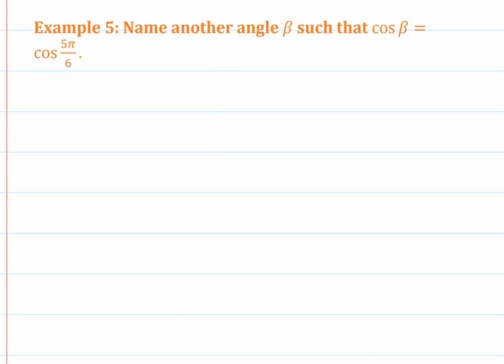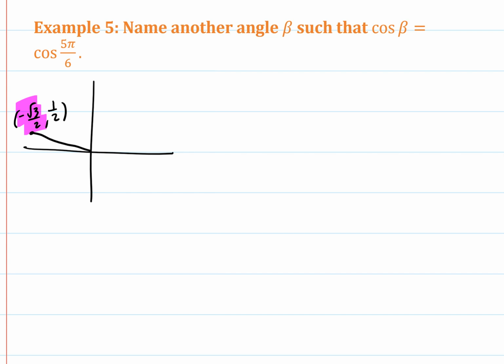Okay, last question today. Name another angle beta such that the cosine of beta is equal to the cosine of 5 pi over 6. Well, 5 pi over 6, it's less than pi, so it must be in the second quadrant. It's going to the left a long distance and up just a short distance, so there's its coordinate pair. And we want the cosine of some other angle to be the same as the cosine of 5 pi over 6, and we know that cosine of 5 pi over 6 is negative root 3 over 2.